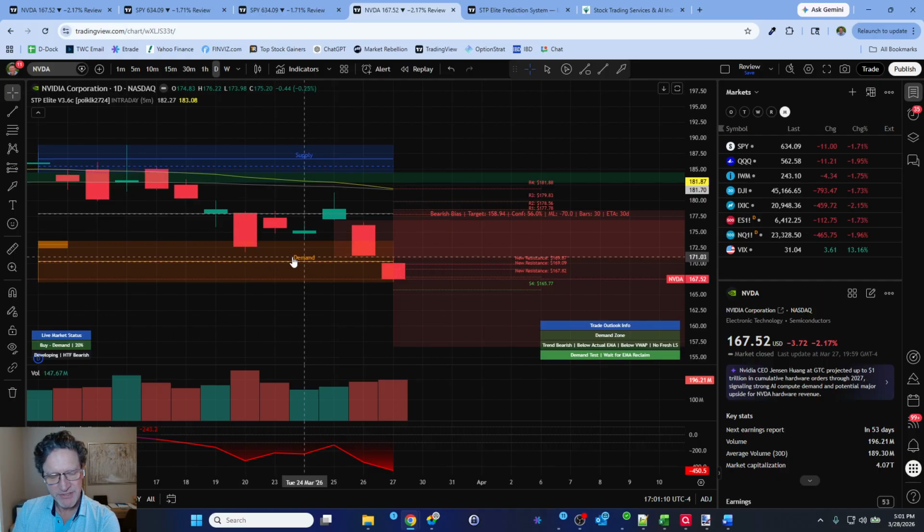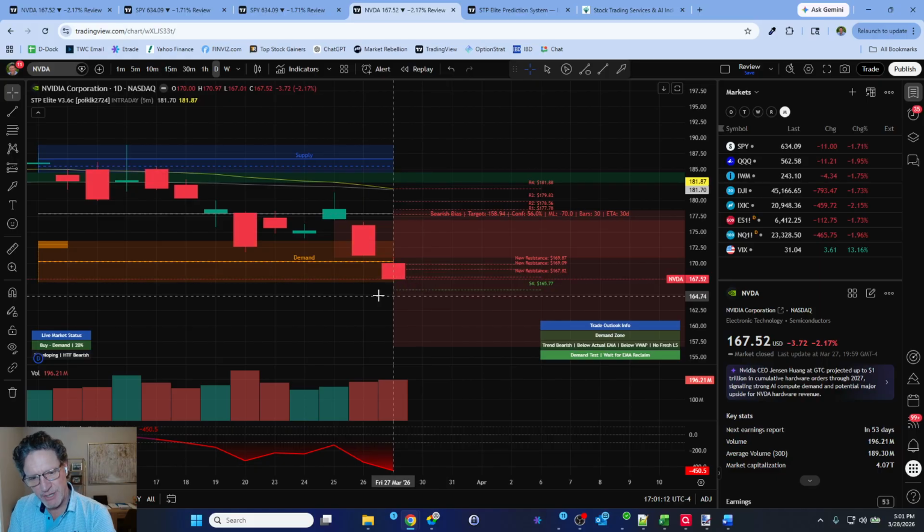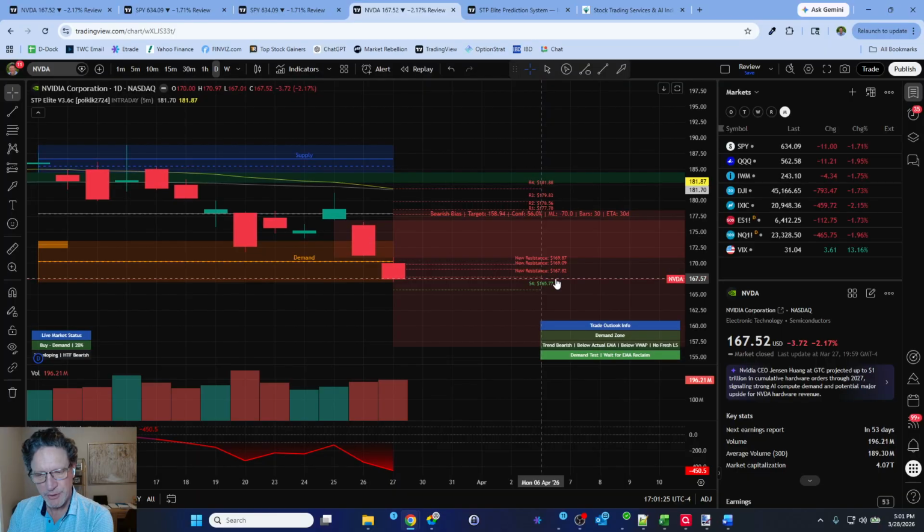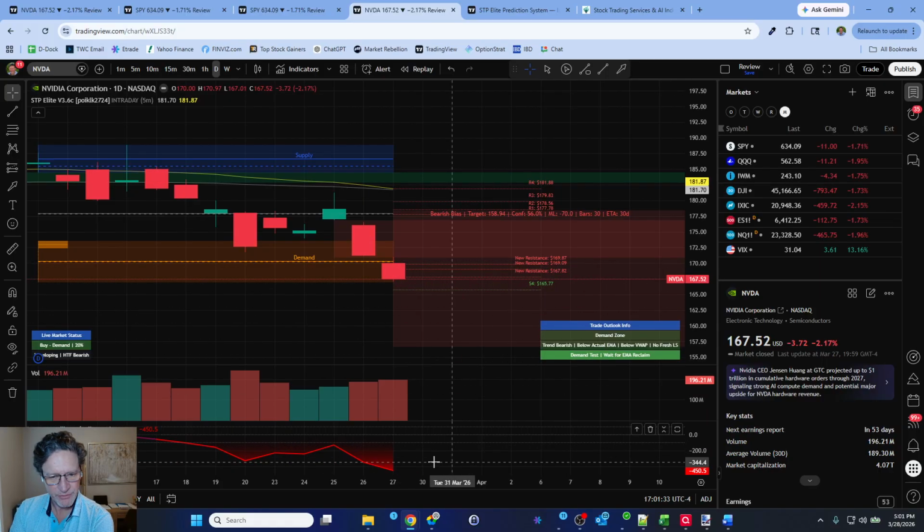We're in a demand zone, means we might want to be careful. This could start to retrace and go back up. So here it's saying be careful and wait, but we've already blown through three support areas, levels, and now we're down to a support level here that we might go down through.